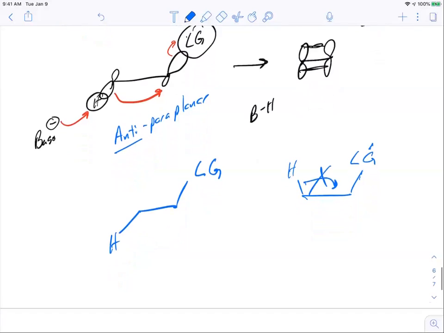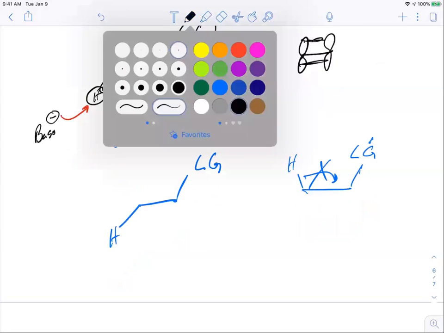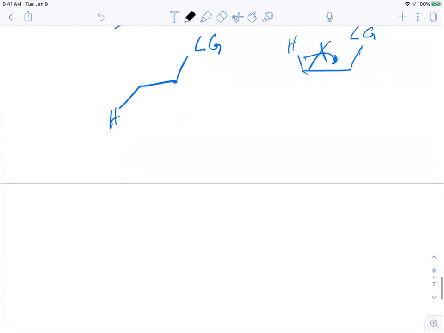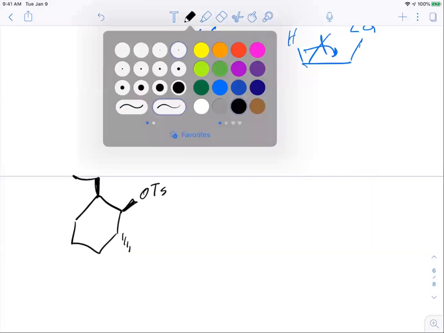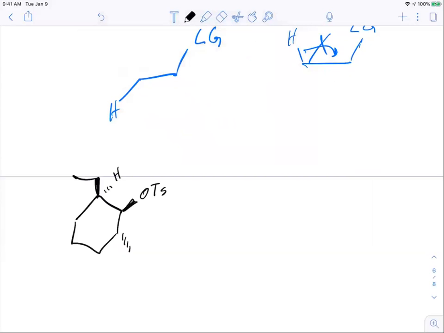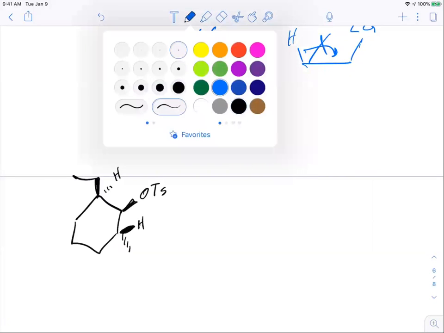So if I look at my substrate, I actually had two possible hydrogens, right?